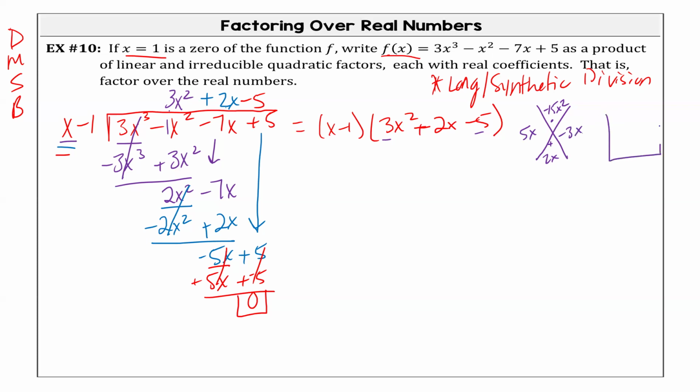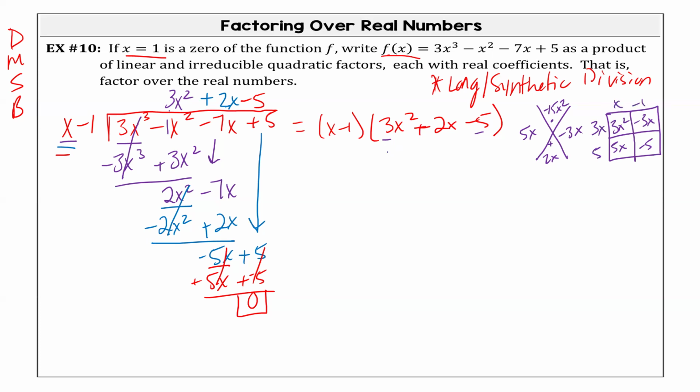So when we say reverse box, it's the visual way of grouping. Your leading term was 3x squared. Your last term is negative 5. So you have 5x and negative 3x. So your GCF here is 3x, 5, 1x, and negative 1.